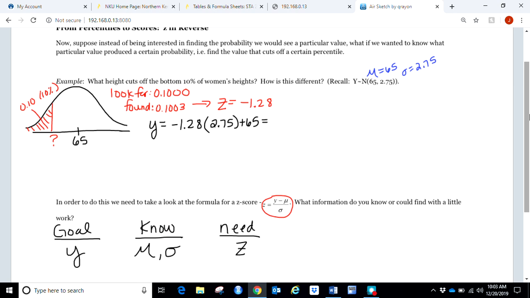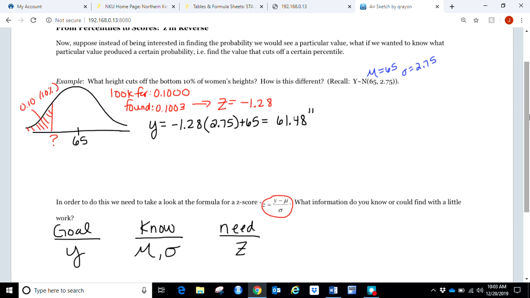When I do my math here, I get 61.48. Remember, what we just found here is a woman's height. So this is in inches. This is about 5'1.5", which at least seems to be a reasonable height for a woman.